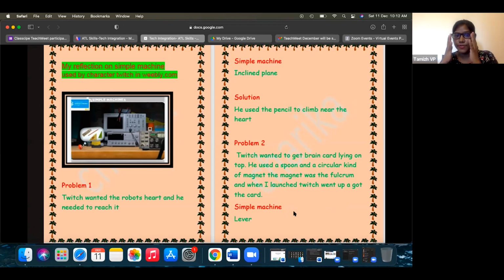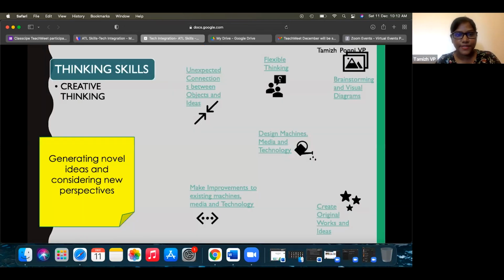So this is an example to see how well they can reflect, because they did not know how to analyze this game. So I told them, better you take it as problem 1, problem 2, problem 3. I know you have figured out which is the best solution, but then try to analyze each and every solution and tell me why it didn't work. That is a wonderful way of showing critical thinking. Rather than directly jumping into the solution, first try out all the solutions and tell me why it didn't work, right? So that's one example over here.